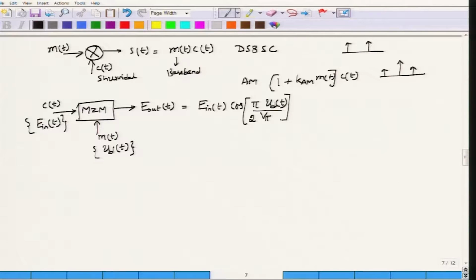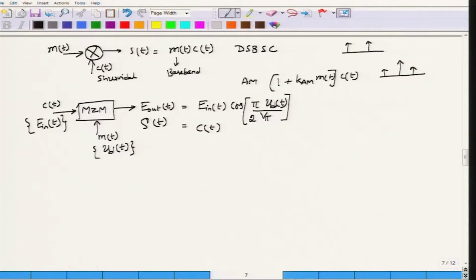So, this is the characteristic that we have, and instead of E out of t, let us write this as S of t. So, S of t is given by c of t, for the Mach-Zehnder modulator. I am trying to compare the conventional amplitude modulator discussion that we find in communication systems to the Mach-Zehnder modulator functional relationship that we have just derived.